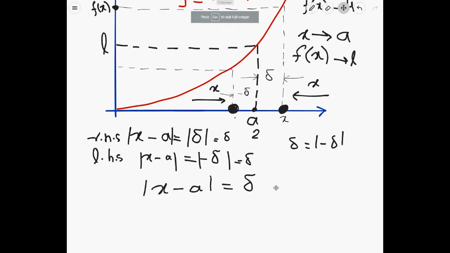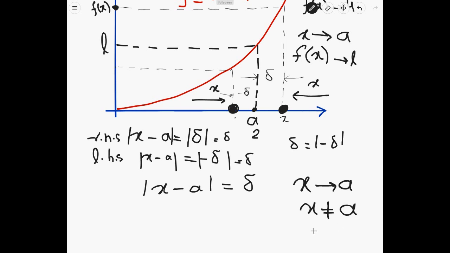One more thing that needs to be kept in mind is that when you are dealing with the function as its limit x approaches A, it obviously means that you are not exactly at the point x equal to A. Therefore, the difference between these 2 points x and A cannot be equal to 0.